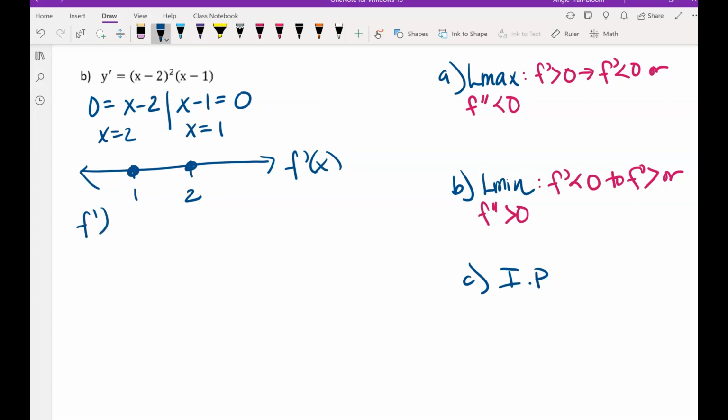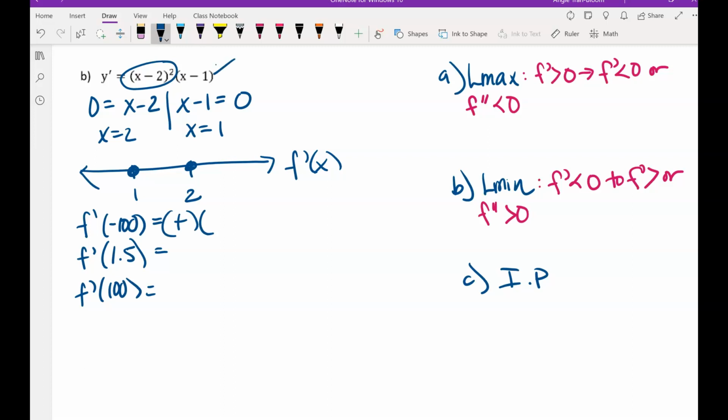So we just have to find left end behavior, in the middle somewhere, which is like 1.5, and then right end behavior, okay? So when we plug in negative 100, negative 1,000, negative 1 million, and we square it, this is going to give us positive, and we plug that in there, that's negative, so this is negative.